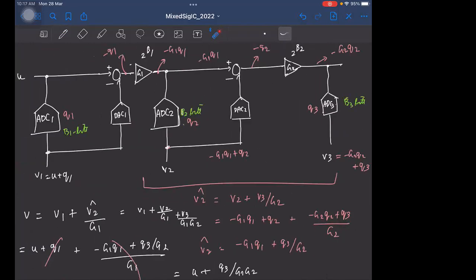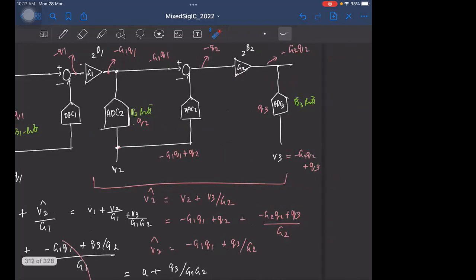And here we saw that in principle, if this was an ADC with B1 bits of resolution, the gain that we have to use for this residue amplifier ideally is 2 power B1. And similarly for this ADC, if it's B2 bits, it's 2 power B2 here.